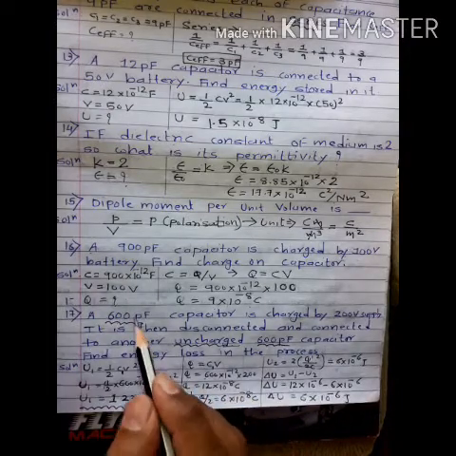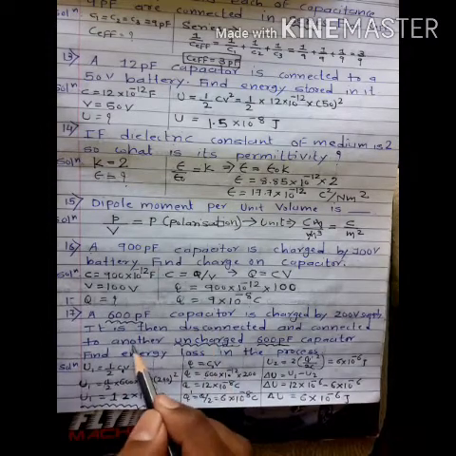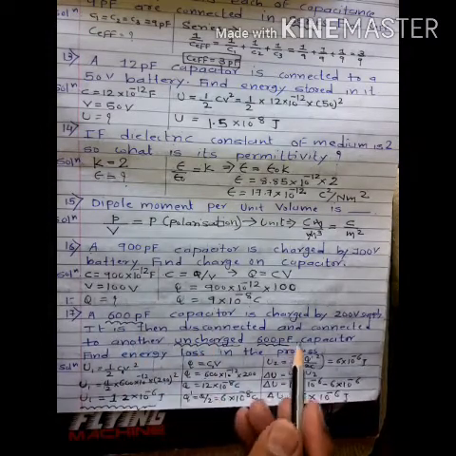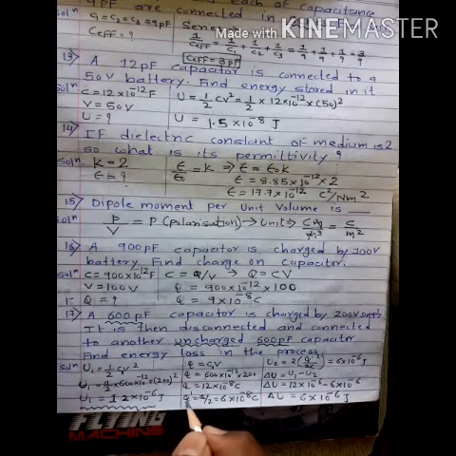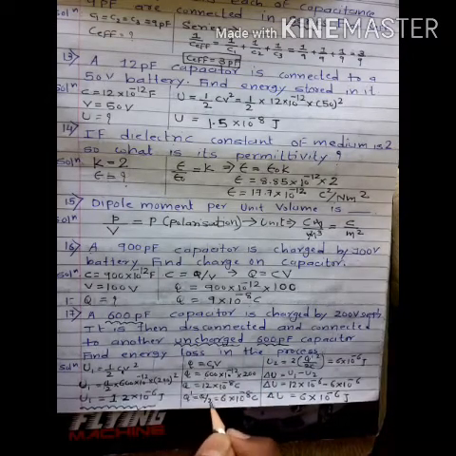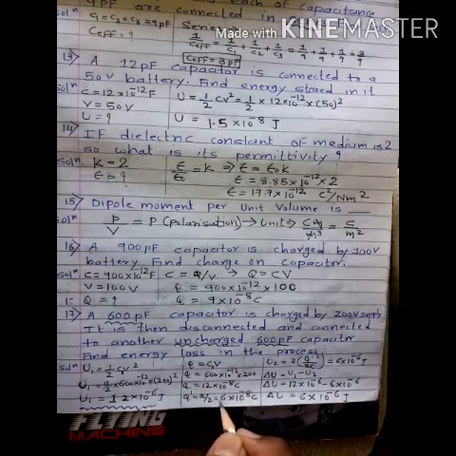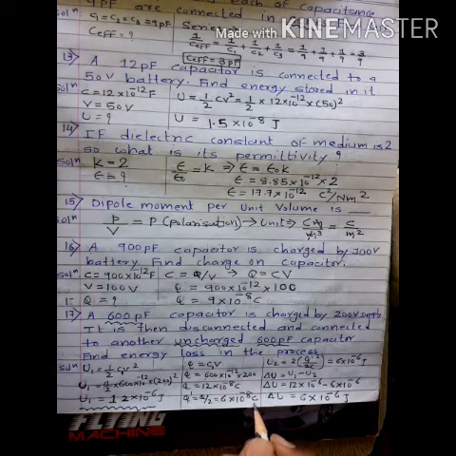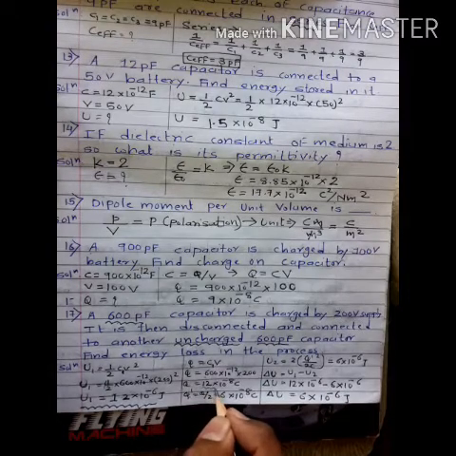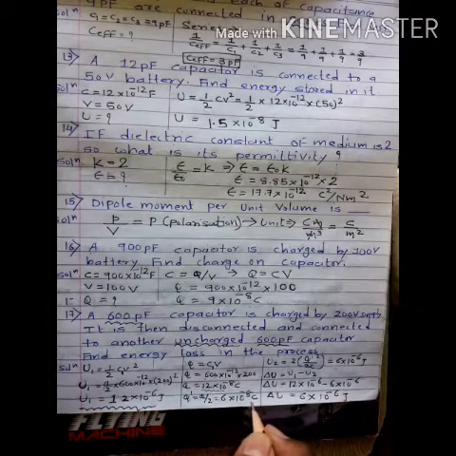Now the first capacitor is disconnected and connected to another uncharged capacitor, so the charge on both capacitors becomes equal. Therefore Q dash is equal to Q by 2. Clear? So the charge on each capacitor is 6 into 10 raised to minus 8 coulomb. This is our Q by 2.